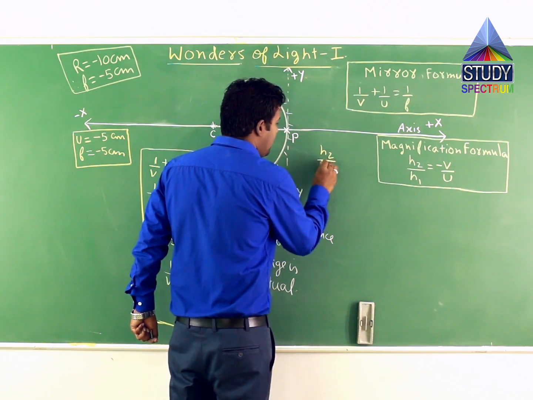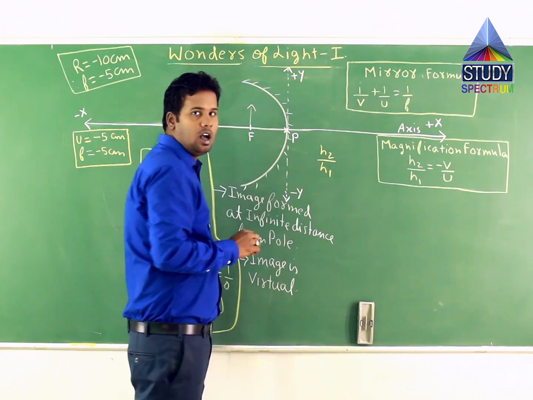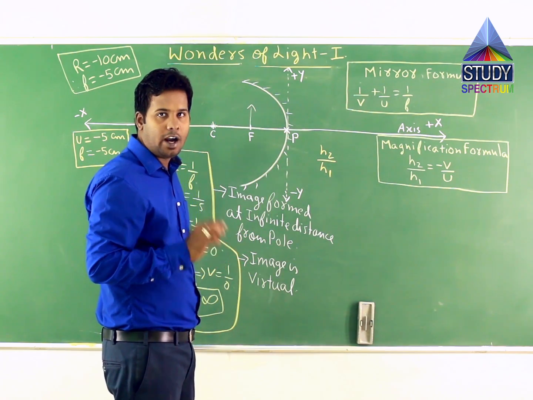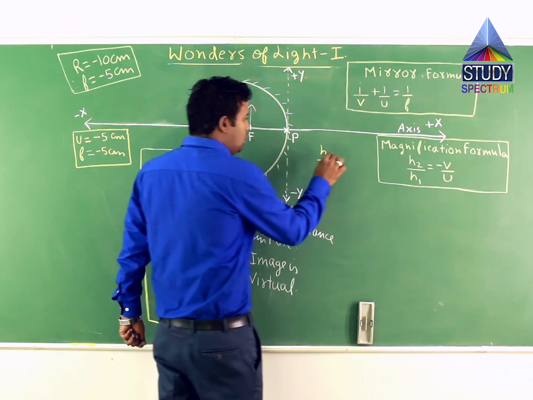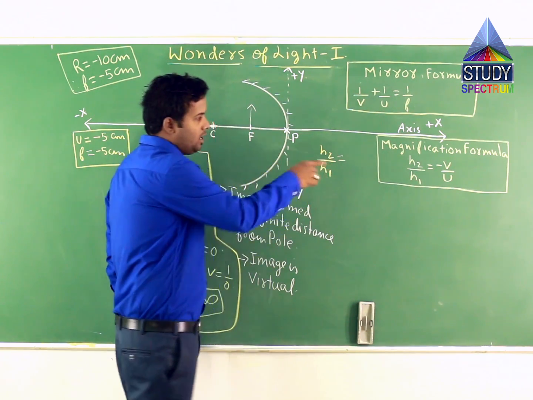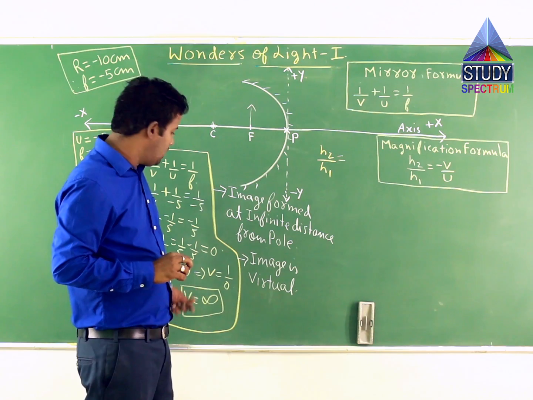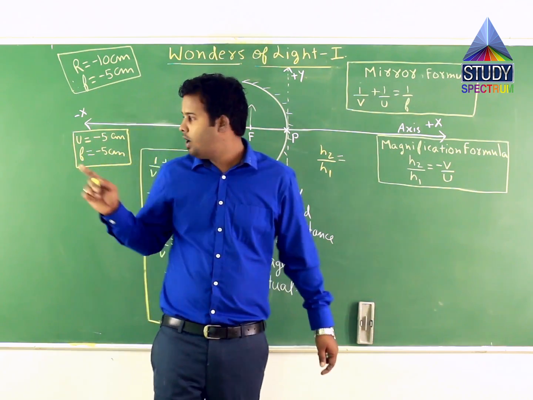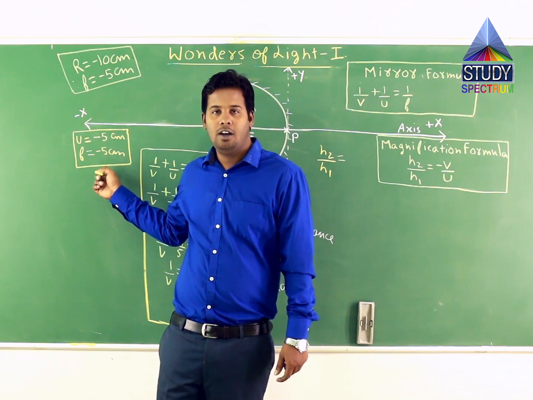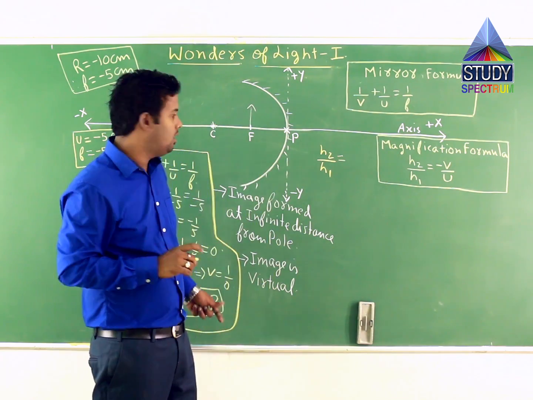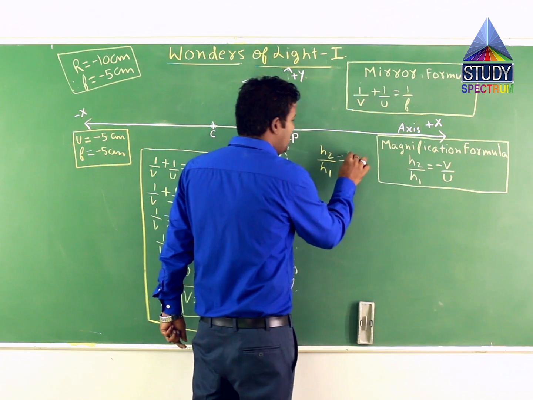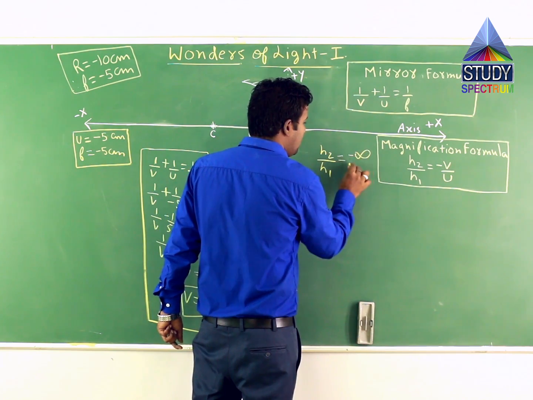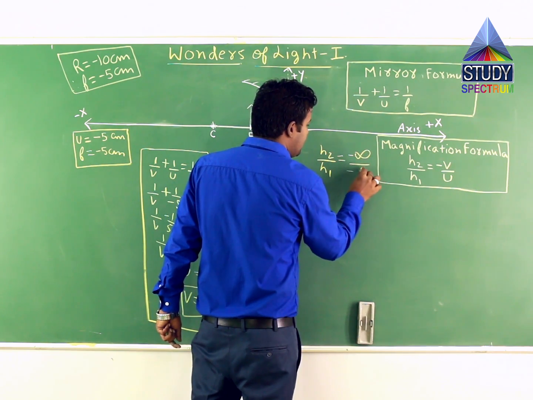H2 by H1, where H2 is the height of the image and H1 is the height of the object, is equal to minus V by U in the magnification formula. So if we substitute the values of V, which we have calculated, by taking U as minus 5 in this particular case, when the object is placed at the focus point, we can write this equation as minus infinity upon minus 5.